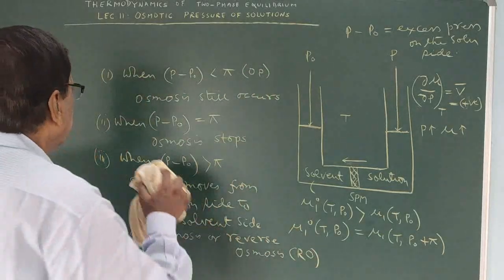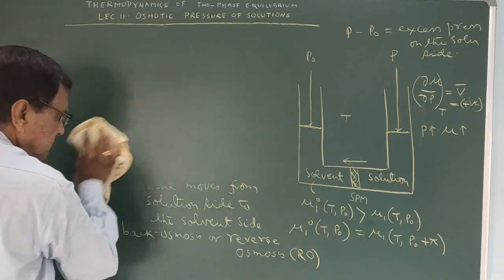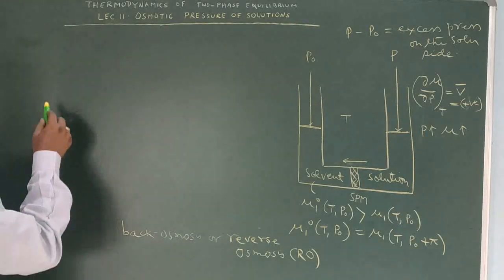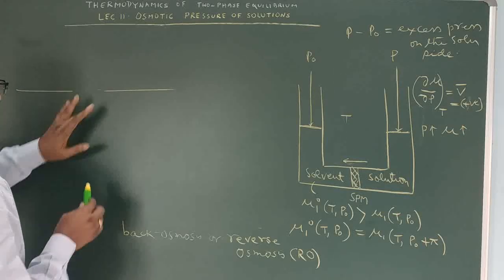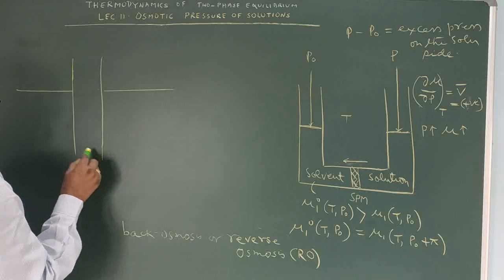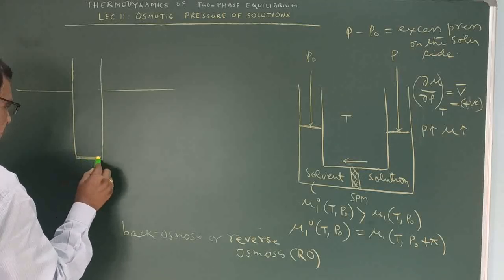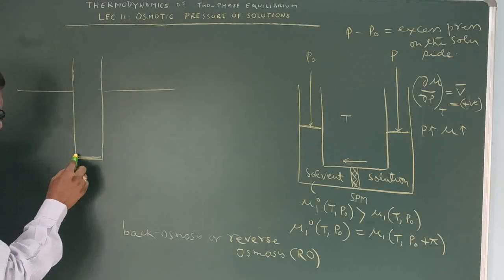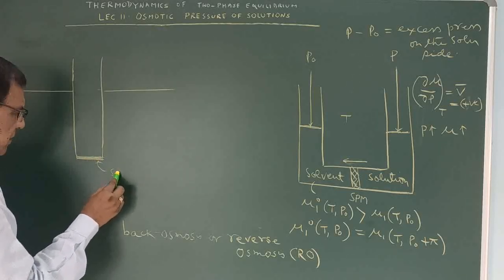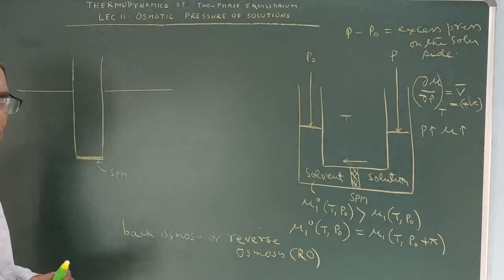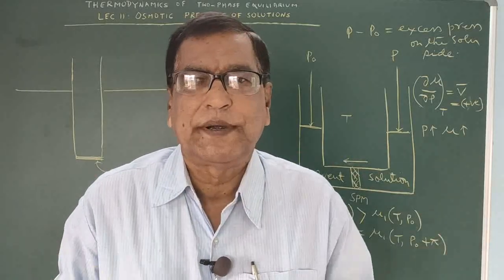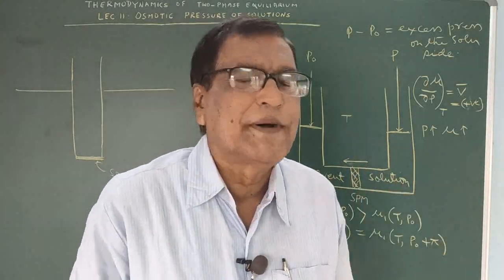Reverse osmosis would be used. Suppose this is the sea or the ocean, and here you place one tube, and the bottom of this tube is packed with a semi-permeable membrane, which can allow the water to pass through, but these salt particles it will not allow to pass.